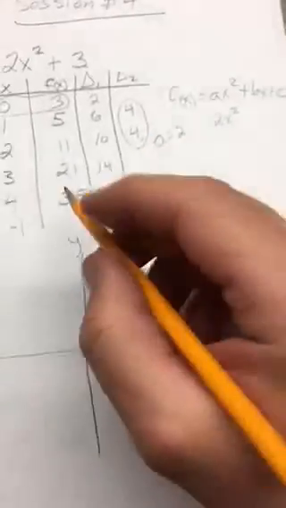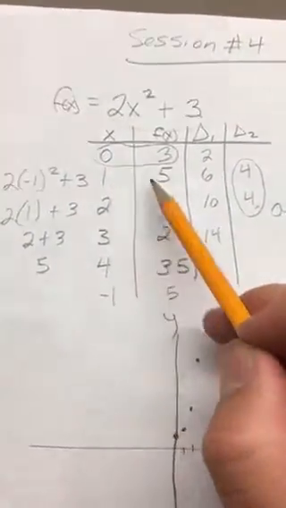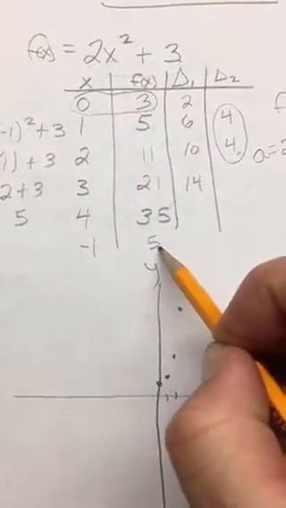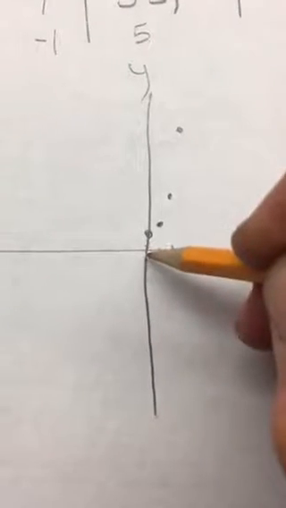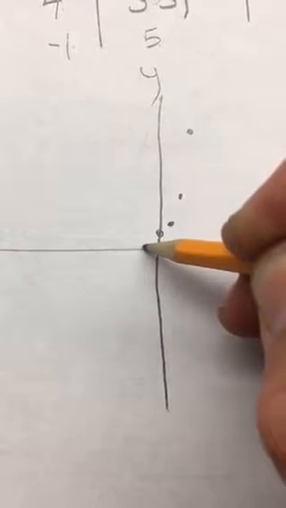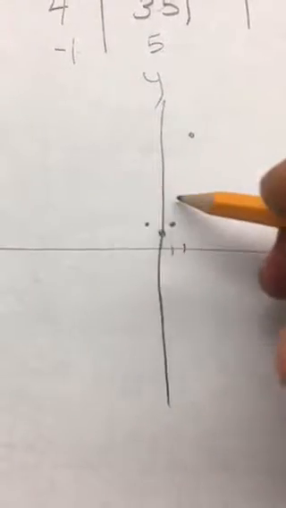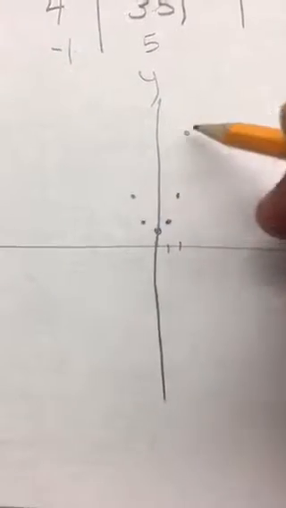So look what is happening here. Up here we put in a positive 1, got a positive 5. Down here we put in a negative 1, and it's also a positive 5. So if I graph this, I'm going to go to the left 1 and up 5. Now it's just mirroring every single one of these points.